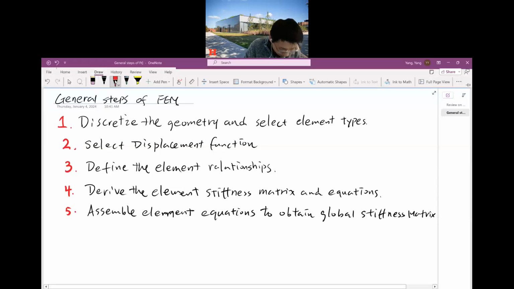After that, we will have a system of simultaneous equations. Right?